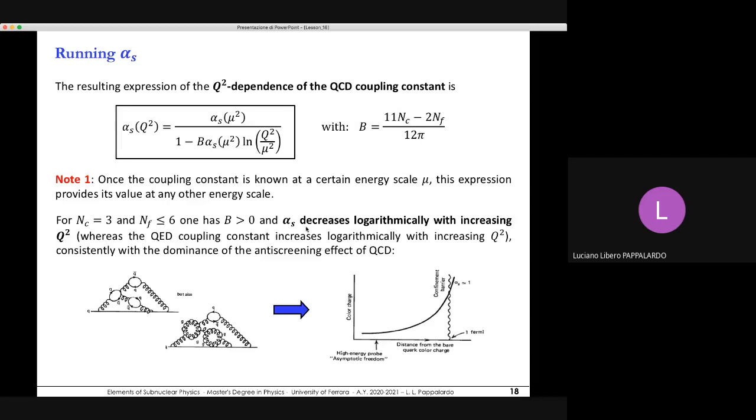So alpha strong will decrease logarithmically with increasing Q square, which is the opposite of the effect we observe in QED. In QED, the coupling constant was increasing logarithmically with increasing Q square. In QCD, it is decreasing, consistently with the dominance of the anti-screening effect with respect to the screening effect in QCD. Any questions?